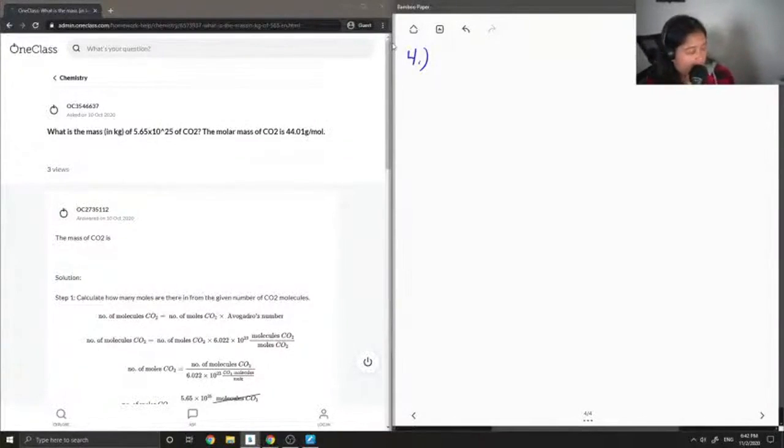Okay, so first I'm going to write down what we know. We know that there are 5.65 times 10 to the 25 molecules of CO2.